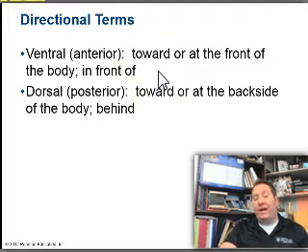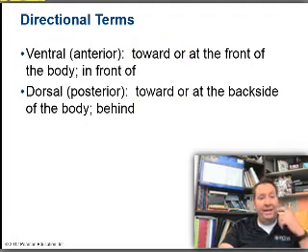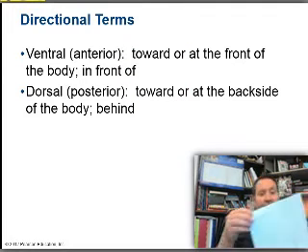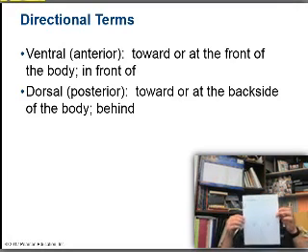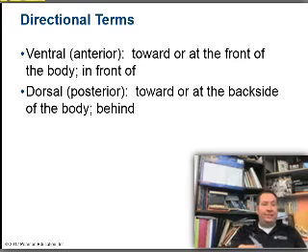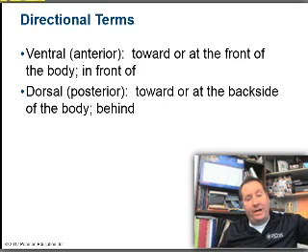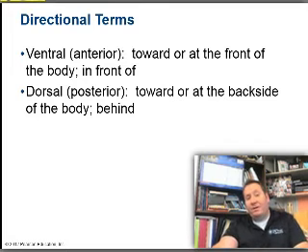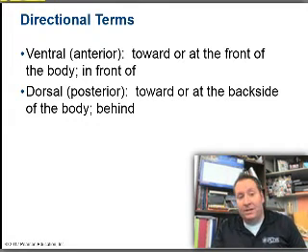Remember, when we're using these directional terms, we're assuming that the human being is standing in what we call anatomical position. This is what that anatomical position looks like. Notice that the human being is standing upright and their palms are facing outward. The reason these directional terms are key is because we want to be able to talk the same talk when using anatomy.